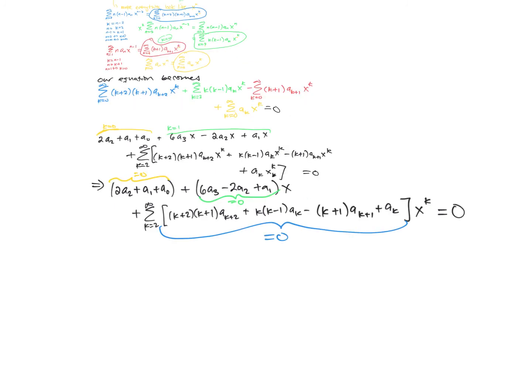Okay, so now I can go through and correct some of my mistakes. I think I only see one at this point, but that should just be a minus 2a2 minus a1 because the a1 came from that red sum over there as a negative.